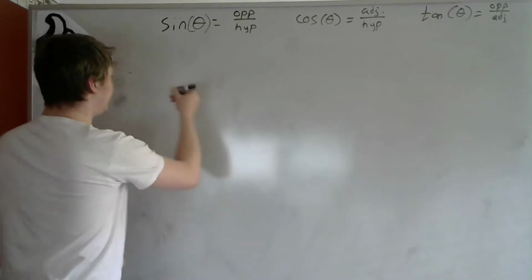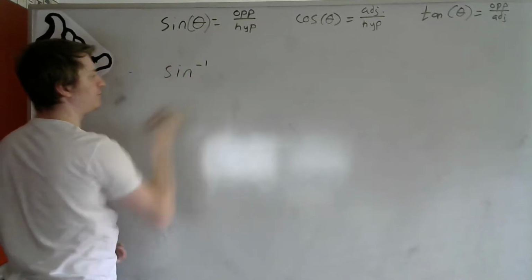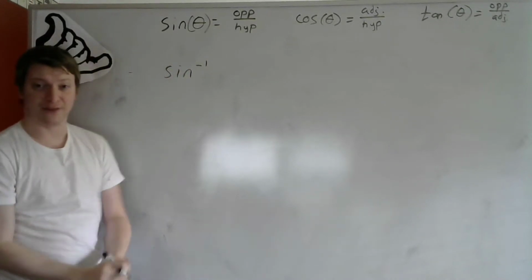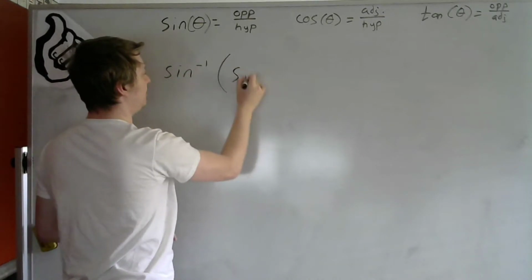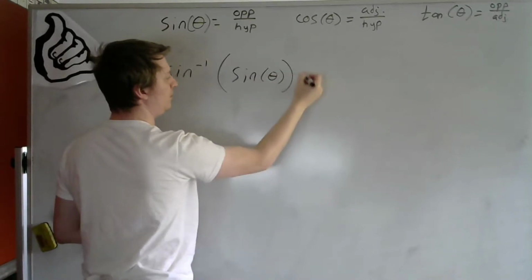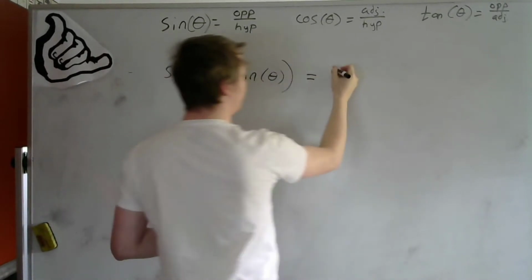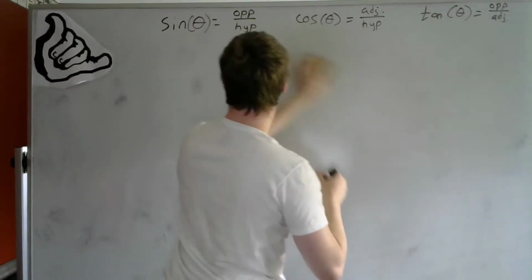So here's kind of what it looks like. It's called the inverse. So we have the inverse sine. And if I apply the inverse sine to, say, the sine of theta, then I apply this to both sides. Let me actually really write this out.